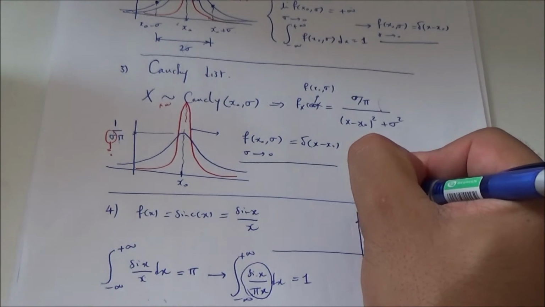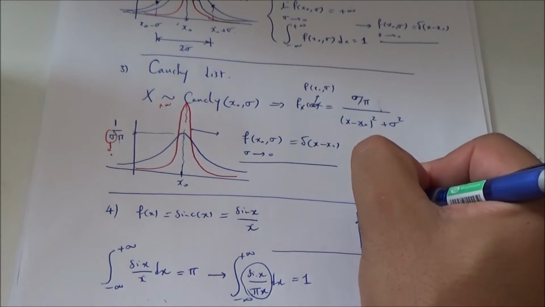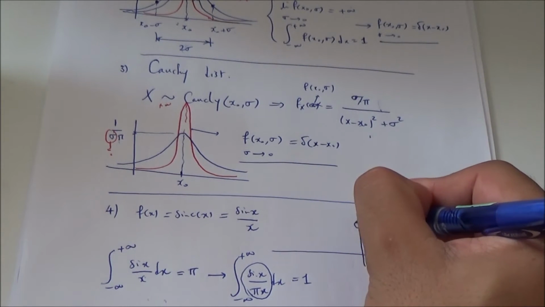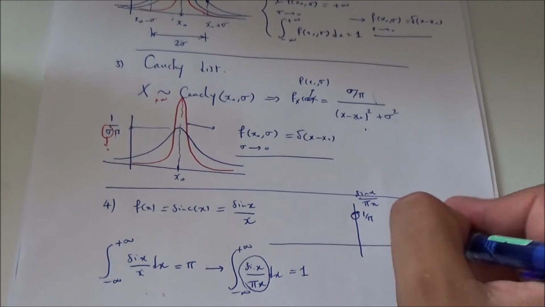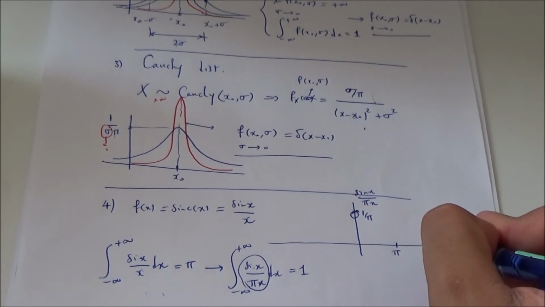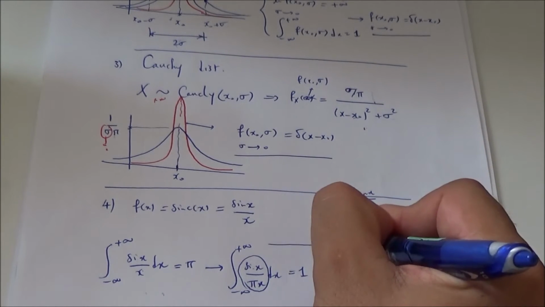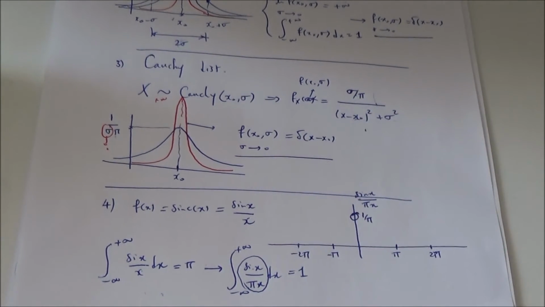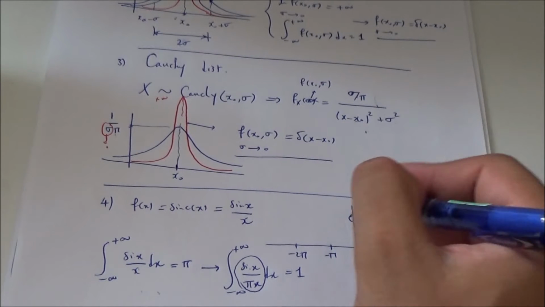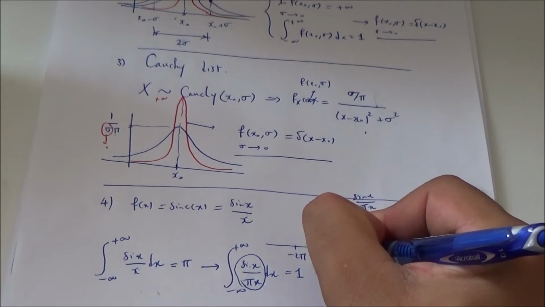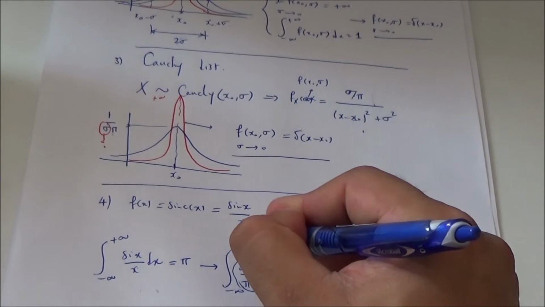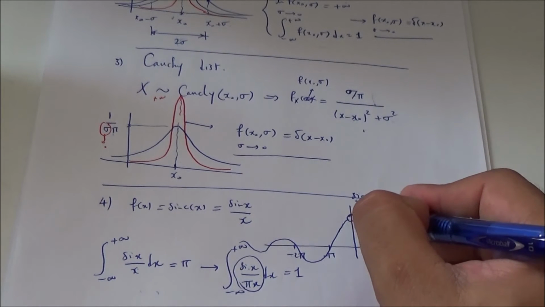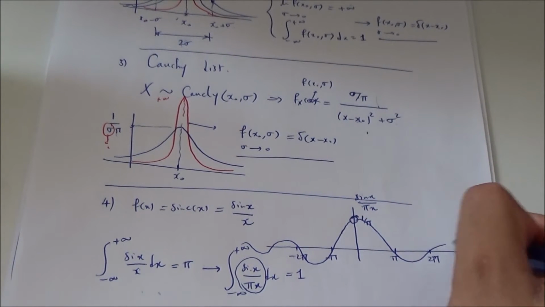Now if I plot this function, sine of x over pi x, the limit of this function when x tends to 0 is 1 over pi, and the points of intersection will be pi, 2 pi, 3 pi, minus 2 pi, and the function is symmetrical with respect to the y-axis, so I will have something like this, with clearly a decreasing amplitude when we increase the distance from the origin.